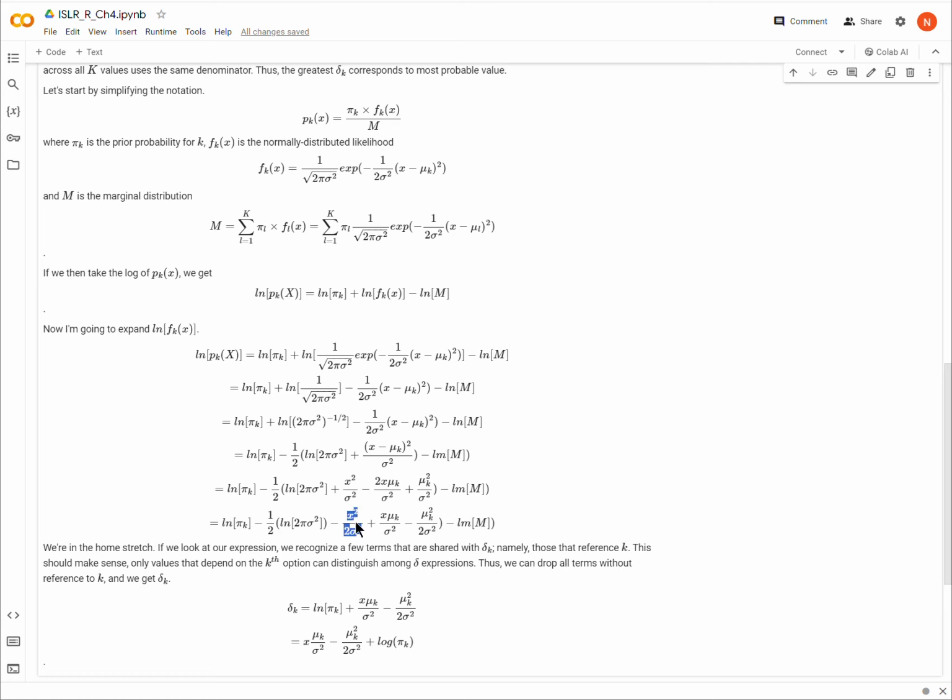For instance, x squared over 2 sigma squared: all expressions for the log of P are going to have that exact same term, so they're just going to cancel out. It's not going to be relevant when we're comparing these different categories. Okay, that is it for this.